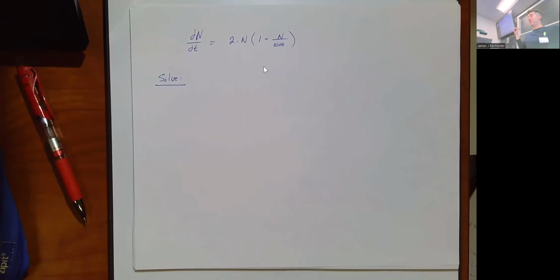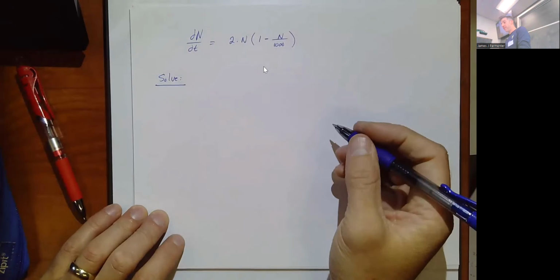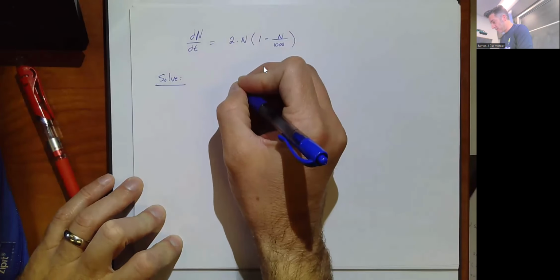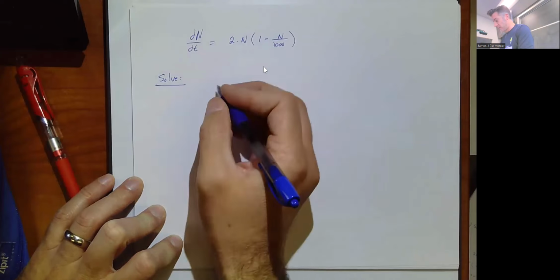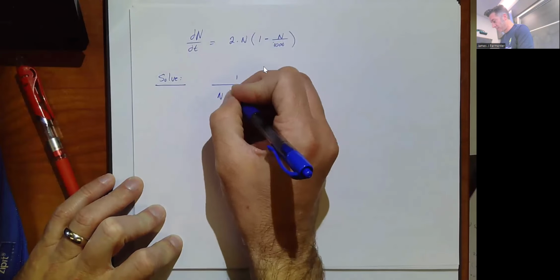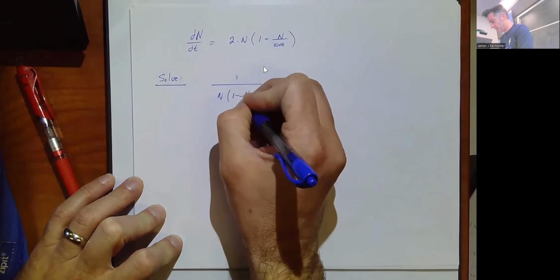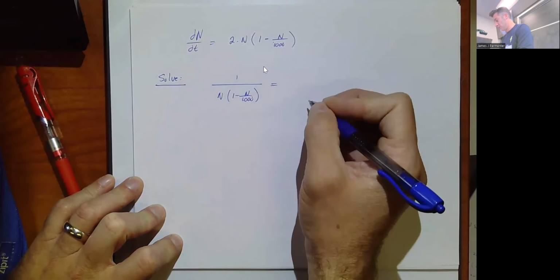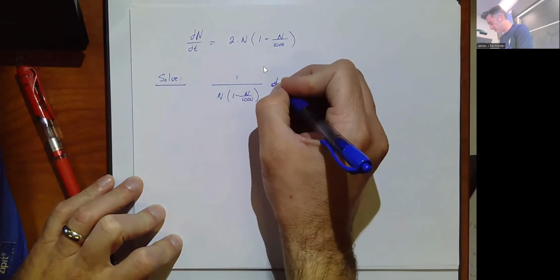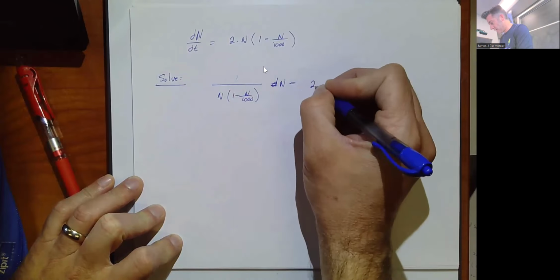It's a separable differential equation, which means we should be able to bring all of the one things to the left and the other things to the right. So I need to bring all the n's to the left. So I've got this n and this n dividing over, so I have 1 over n times 1 minus n over 1,000 equal to, oh, sorry, don't forget the dn, equal to 2 times dt.